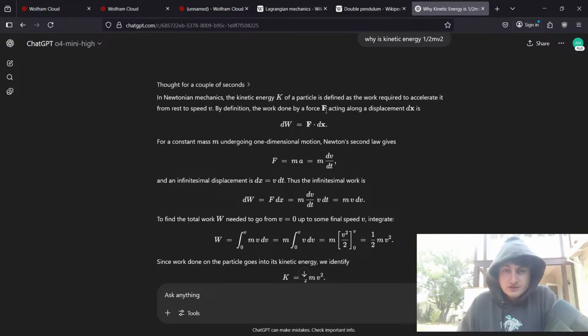The force is equal to the mass times the acceleration. Right, a force is a mass times an acceleration, which is equal to m dv dt, which is mv dot.